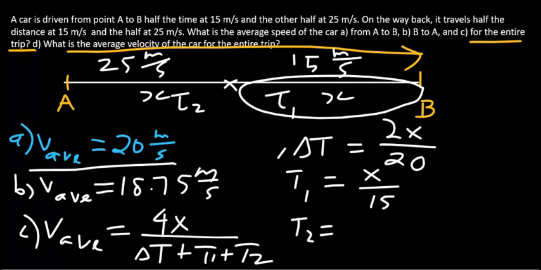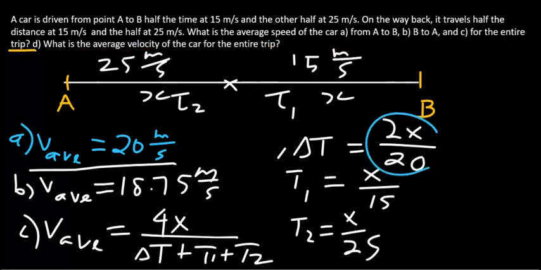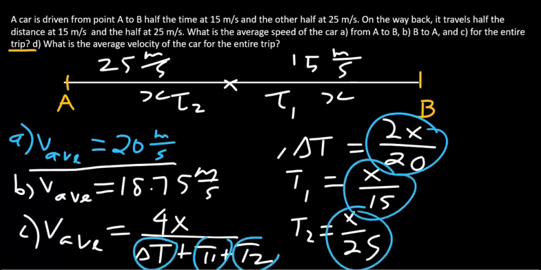Likewise, t2 is the remaining distance over the speed for that part, which is 25 meters per second. So putting this in here, and that in here, you see the x's will cancel, and you will get 19.35 meters per second for the average speed for the entire trip.